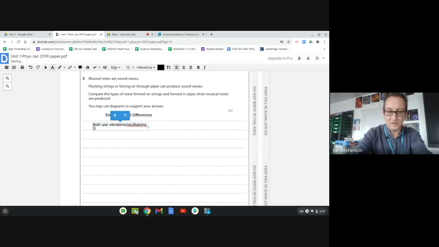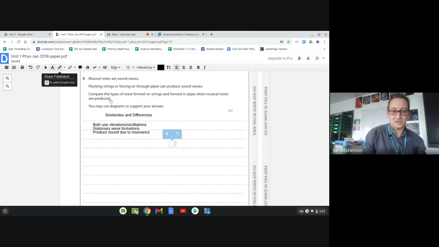They both require stationary wave formations in terms of both stringed and piped music. Both of them essentially produce sound due to resonance. So you can start to see there are a couple of similarities in this respect. So that's what that bit is getting at.